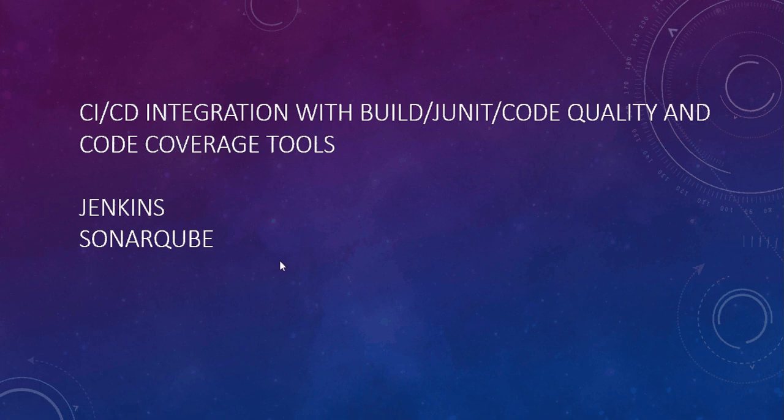So, as the development life cycle starts from pulling the code to pushing into the artifacts, we can integrate the different tools we discussed so far during the software development life cycle.